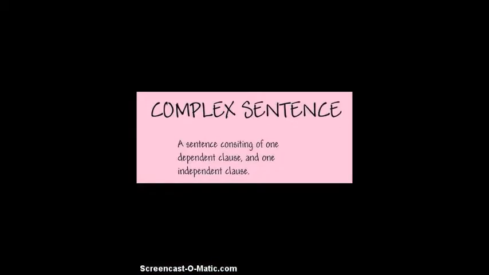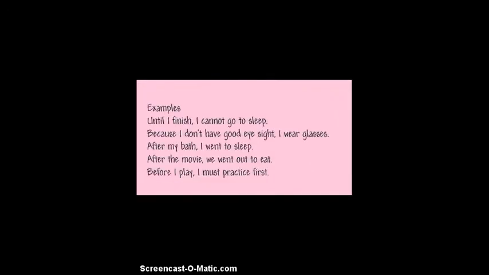So now we can say that a complex sentence is a sentence consisting of one dependent clause and one independent clause. In case this is not all clear for you, here we have some other examples to help you understand how these complex sentences are constructed.